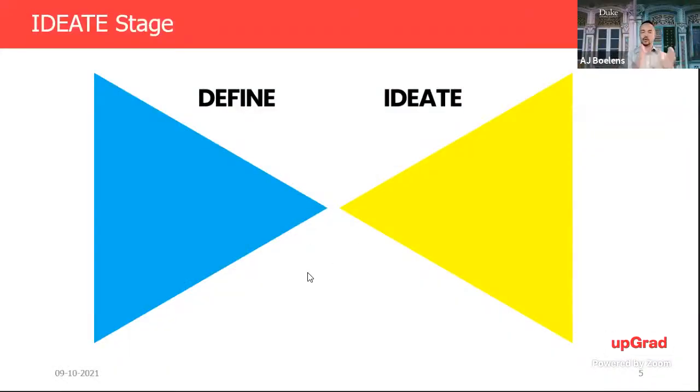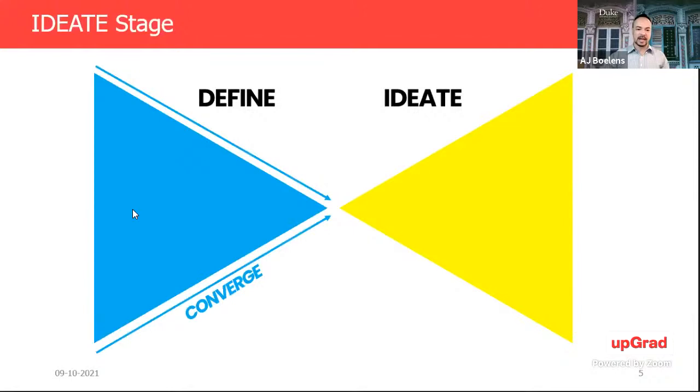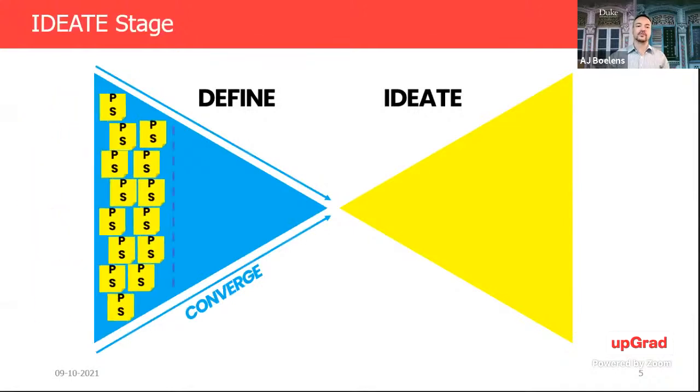Let's make linkages. In the define stage, we're going to be creating a lot of different problem statements, and we're going to go through a convergent process. Sometimes we say, well, actually, we have two different sides to the same problem, so we can consolidate them together and refine a bigger problem statement.